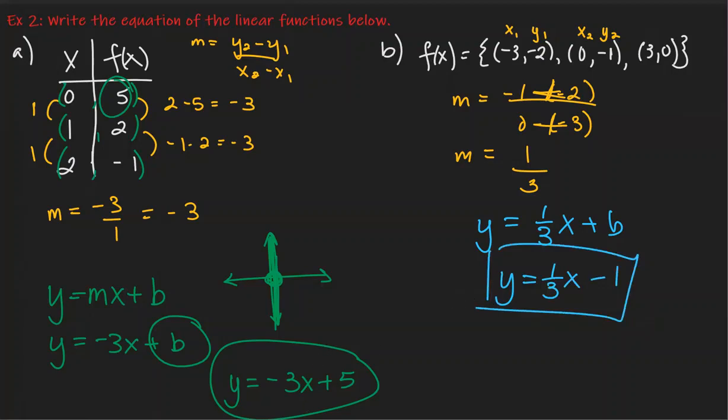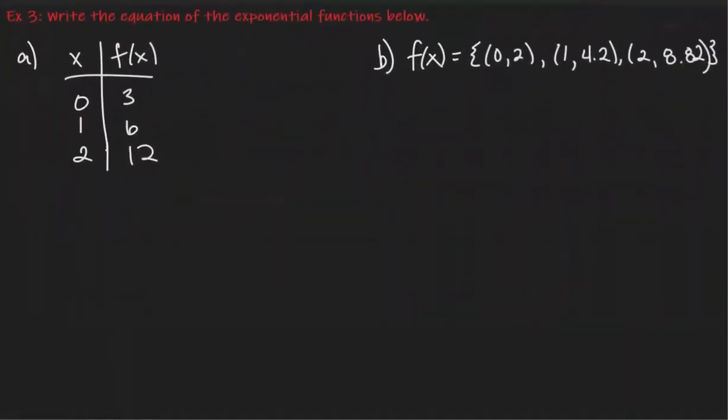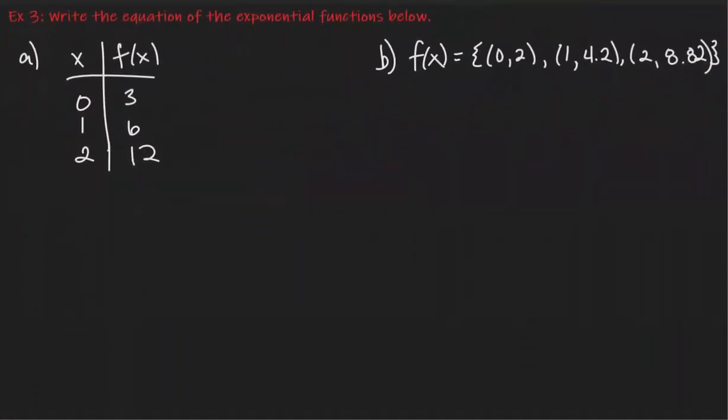We're going to do the similar thing with exponential functions. Okay, in our last example for this video. Write the equation of the exponential functions below. Remember our exponential equation, the general form is y is equal to a times b to the x.